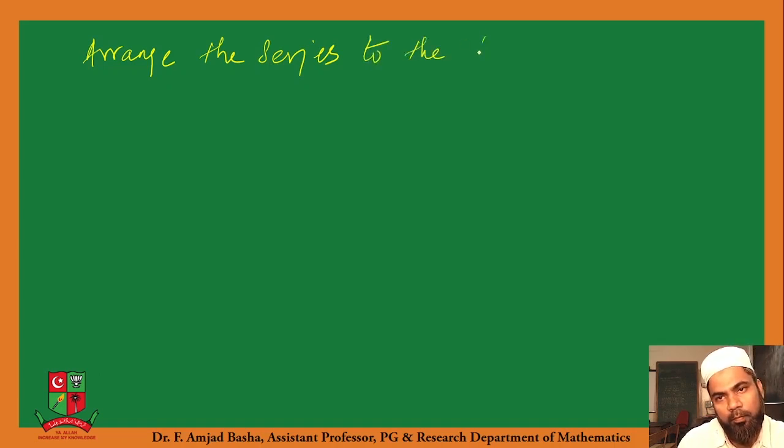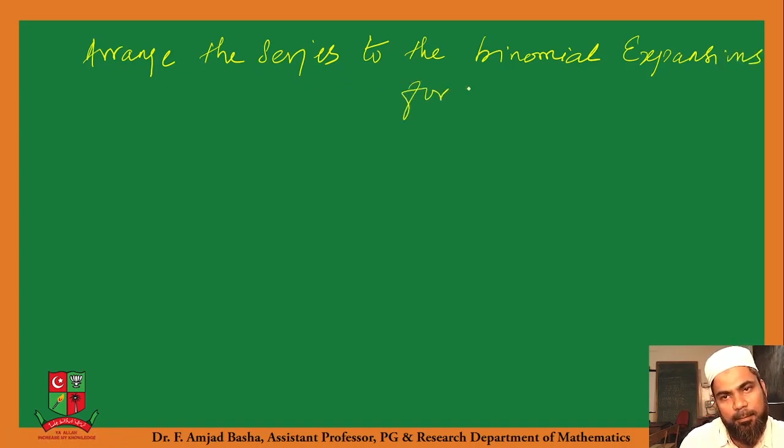Then what you have to do is arrange the series to the required binomial expansion for rational index.